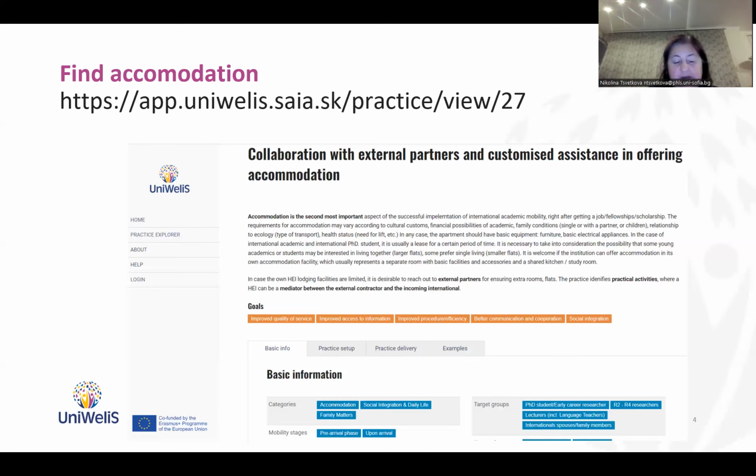In any case, the flat should have basic equipment, furniture, basic electrical appliances. In the case of international academics and international PhD students, it is usually a lease for a certain period of time. It is necessary to take into consideration the opportunity to welcome some young academics or students who may be interested in living together, which means larger flats.